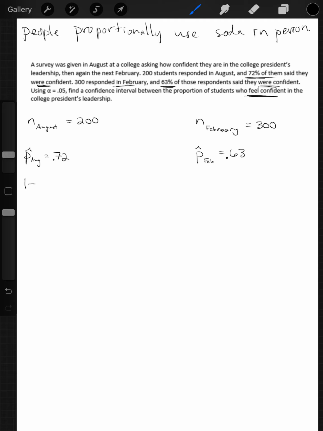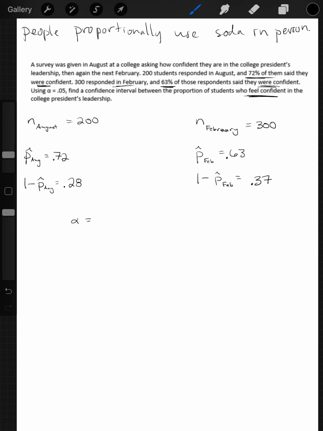So some things that are often nice to figure out: we can go ahead and figure out 1 minus p-hat of August. That's just going to be whatever's left over here. So 1 minus 0.72, the rest of it, is 0.28. And 1 minus p-hat for February, with 0.63, the rest of that is going to be 0.37.